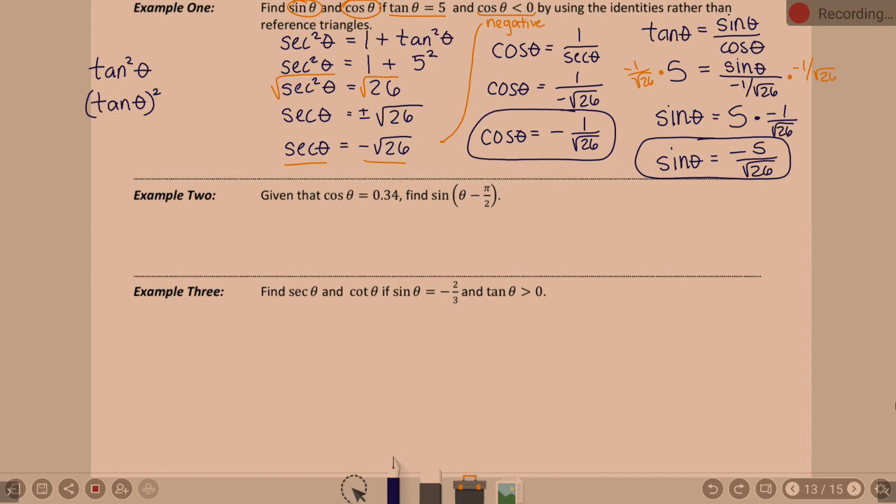Is it exactly a cofunction identity? What's the cofunction identity say? The cofunction identity says the sine of pi over 2 minus theta equals cosine.